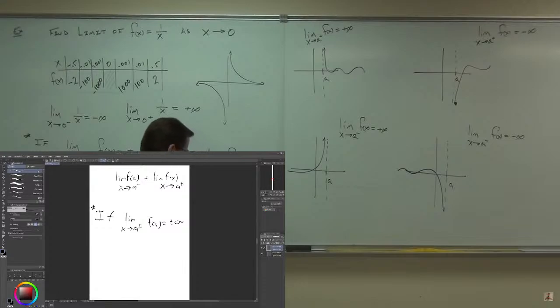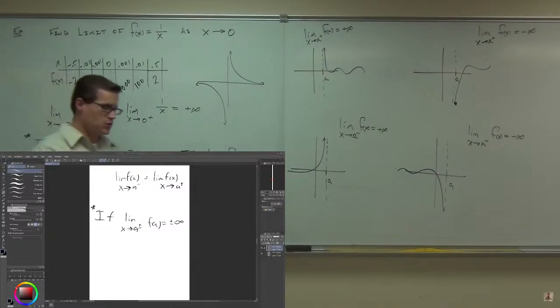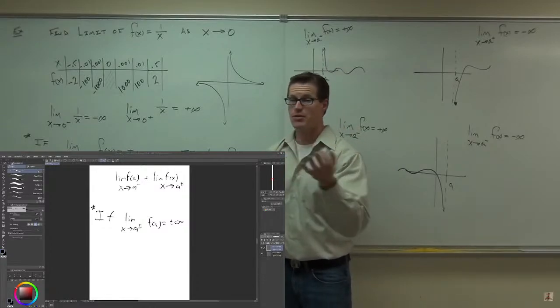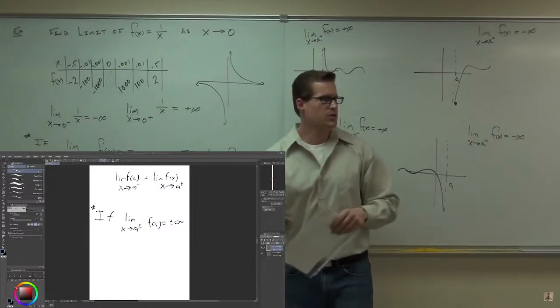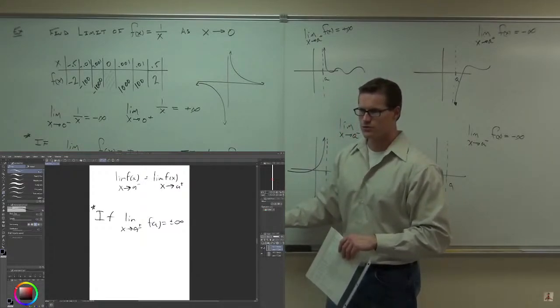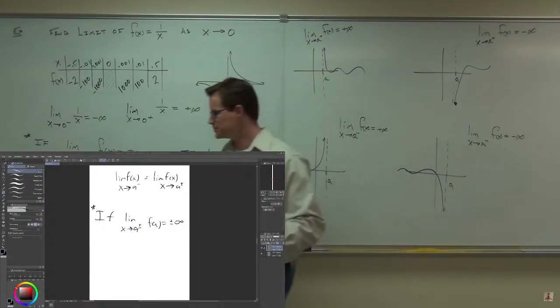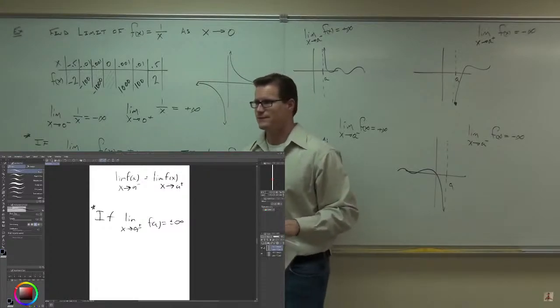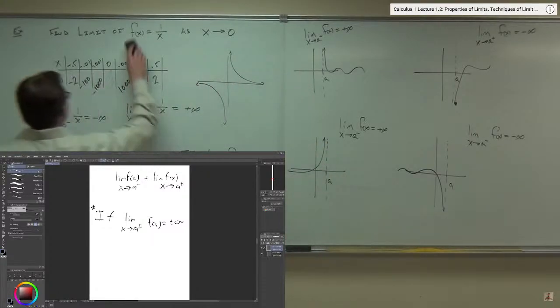Yes, sure. If the left side limit and the right side limit go to the same thing, the limit exists. If this is going to negative infinity and negative infinity, that would be negative infinity. So you can draw that corollary as well. Good question. Any other questions before we continue? All right, let's compute some limits.